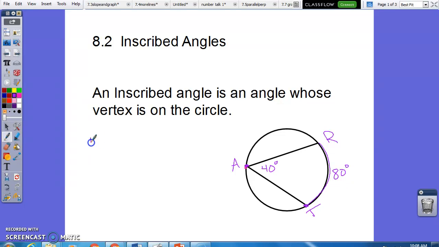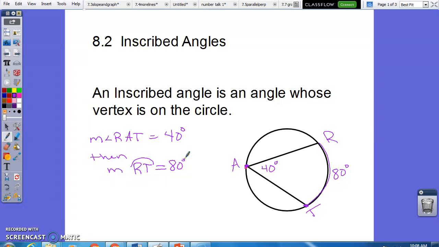So if the measure of angle RAT is 40 degrees, then the measure of the arc RT would be 80 degrees.